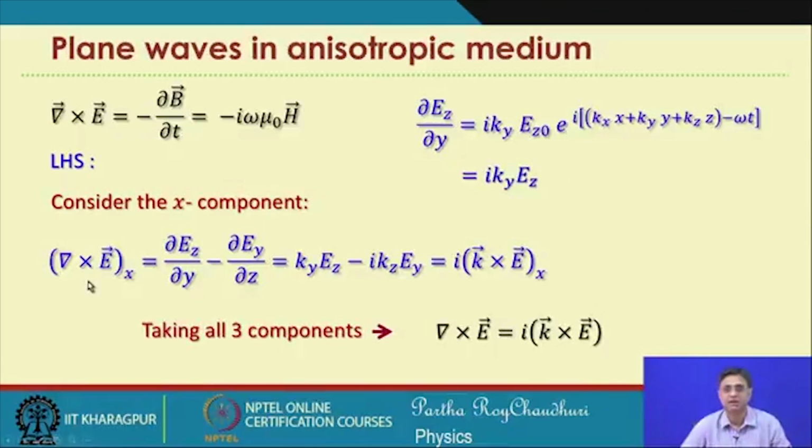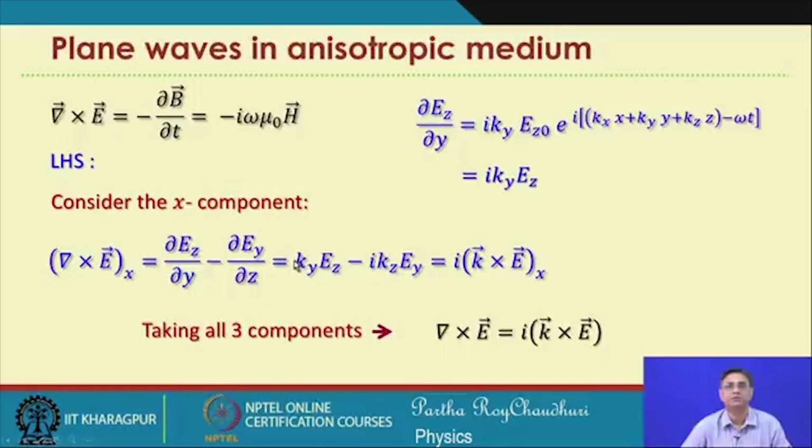We have seen a similar derivation in the case of isotropic medium. So, in this case del cross E, if you take the x component, this will give you del E z del y minus del E y del z, which is equal to I k y E z minus I k z E y.